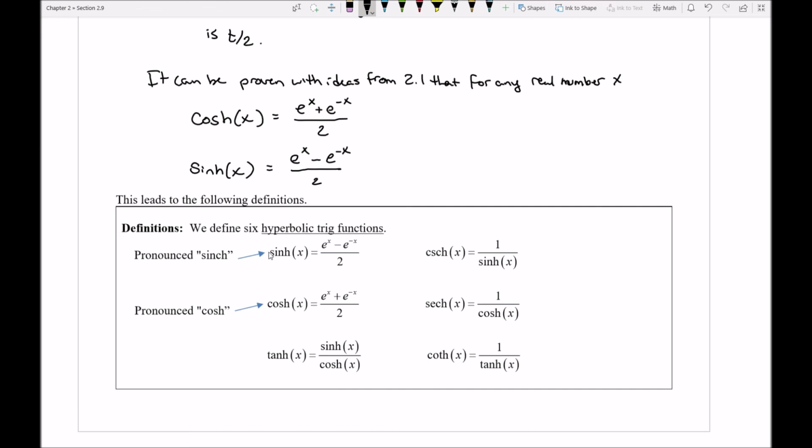Oftentimes, people will choose to shorten the language of saying hyperbolic sine or hyperbolic cosine, and they'll use shorthands. For hyperbolic cosine, you'll often hear them say cosh, so somebody might refer to this as cosh x, as opposed to hyperbolic cosine of x.